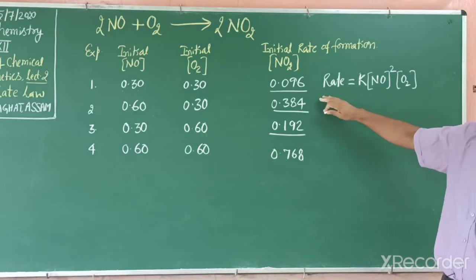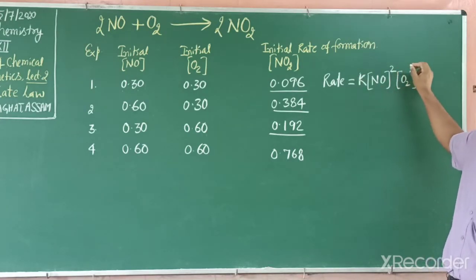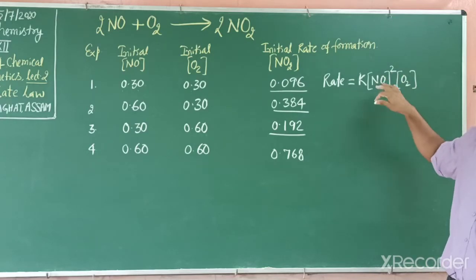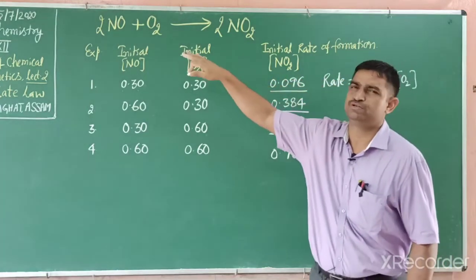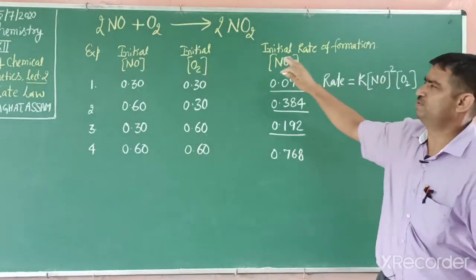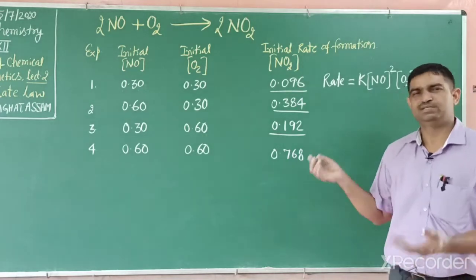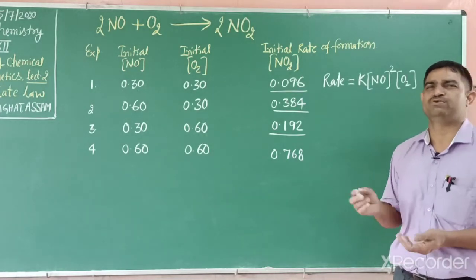So this is the rate expression. But in this reaction what we observe is that the exponents of the reactants are equal to the stoichiometric coefficients. But in other reactions this power may or may not be the same.